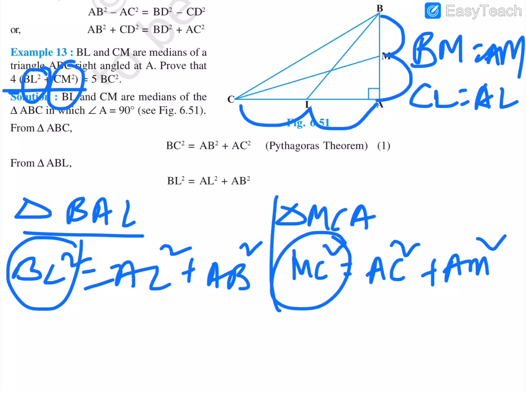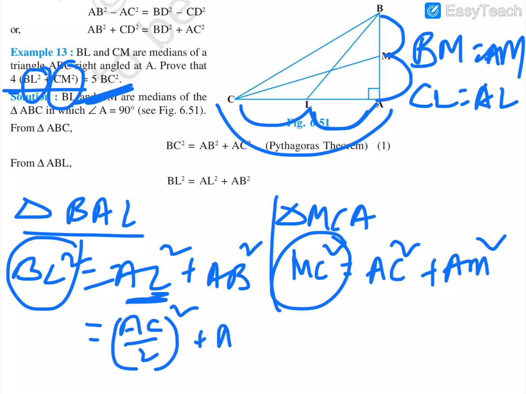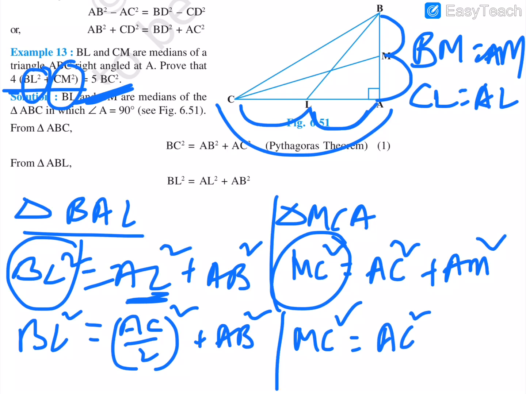But the answer should only be in BC, no other term is allowed. So let us see what we can do. AL square, AL is half of AC. So let's write that AL is half of AC whole square. Similarly here MC square is equal to AC square plus, AM is half of AB.